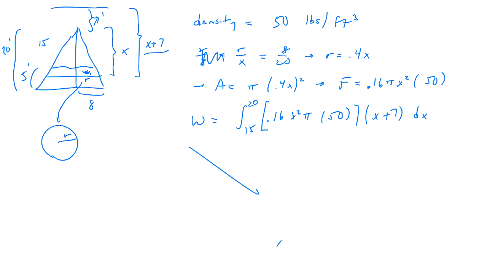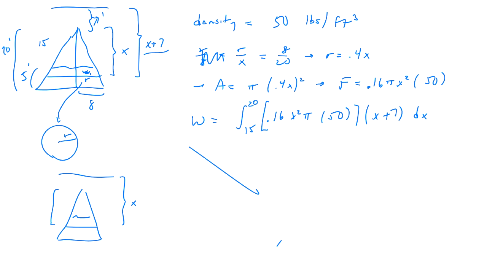If instead I let this be x, so x is the distance I move it, then what would be the distance from the top of the cone to my generic line?